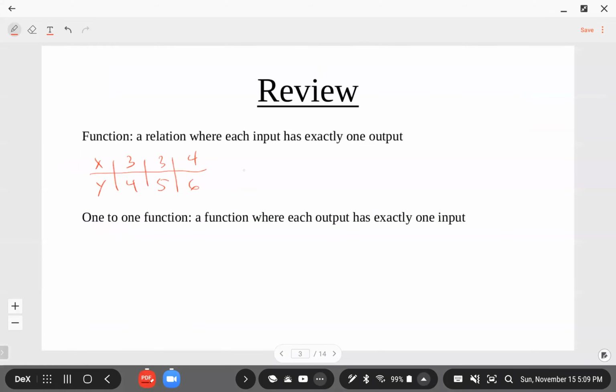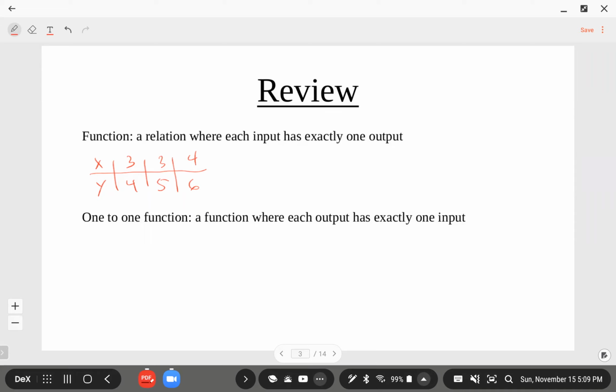Anyways, the warm-up question I'm wanting you to do right now is to figure out if this relation is a function. Each input has to have exactly one output. So I'll walk you through this one. We have two inputs, just 3 and 4.